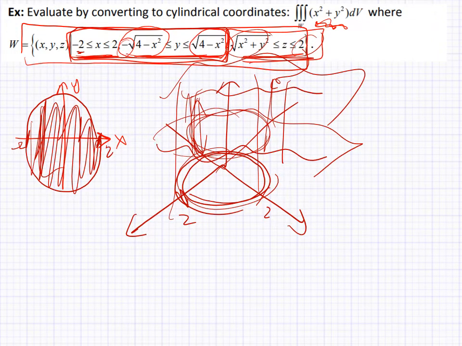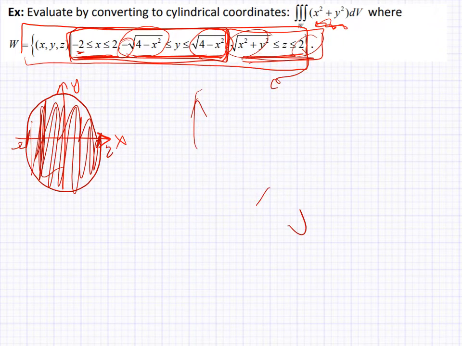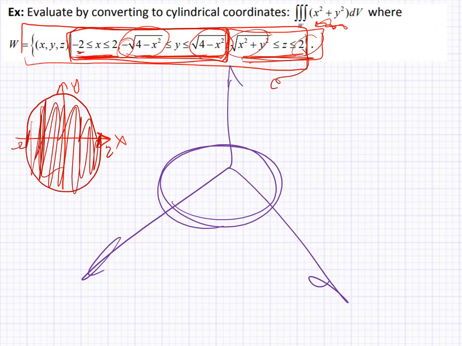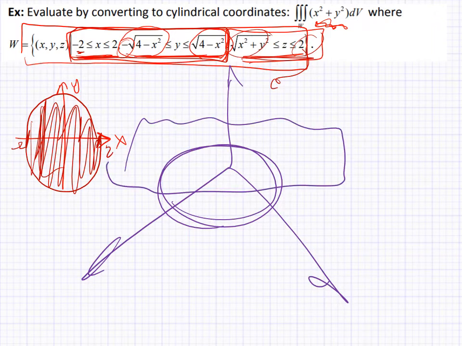I know this is starting to get messy. Let's try that again. I have this circular thing happening in the xy. I have this one surface z, and I have this other surface z, okay? z equals 2 being the one on top, z equals the square root of x squared plus y squared being the one on bottom.